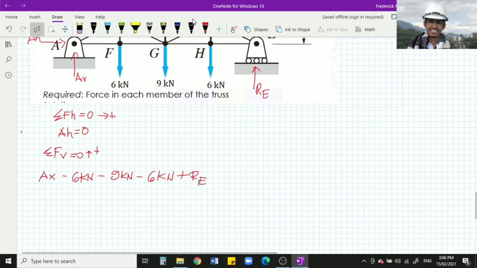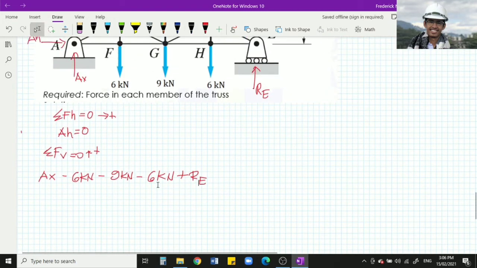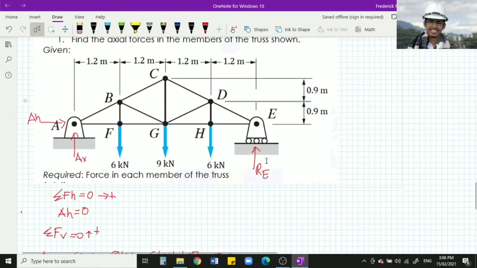So, para makuha natin yung ating AY, meron tayong dalawang unknown dito. So, this will be equal to 0. So, para makuha natin yung RE or either AY, pwede tayong mag-moment sa A. Kapag nag-moment tayo sa A, makukuha natin yung reaction at E. Okay?